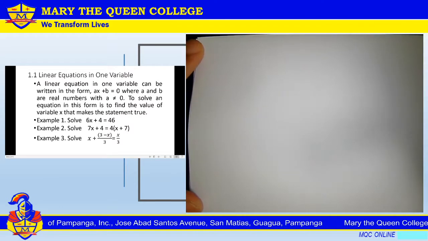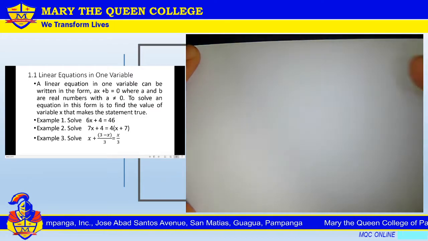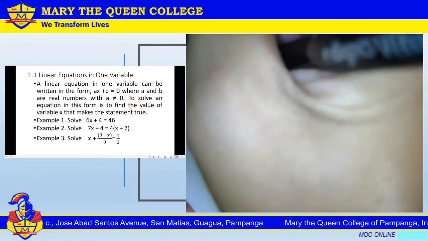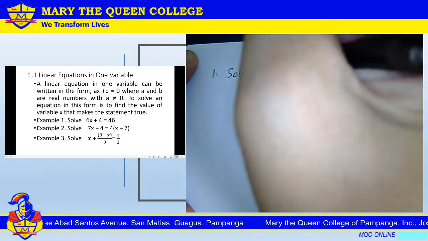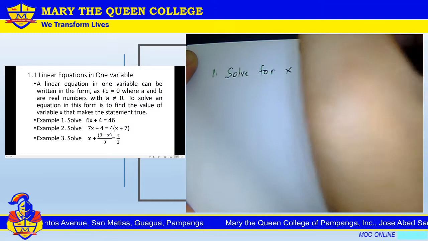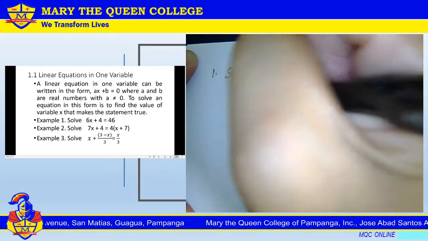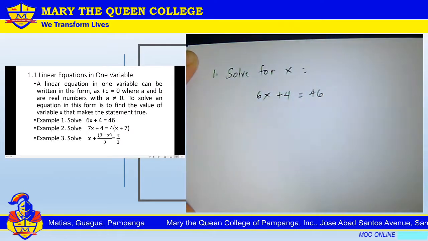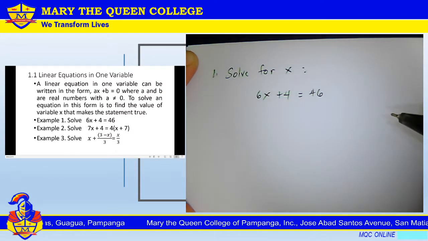So for example, for number 1, we have to solve for x. If we have 6x plus 4 equals 46, how can you find the value of x?